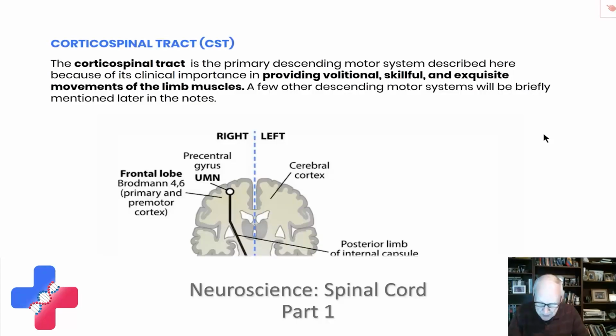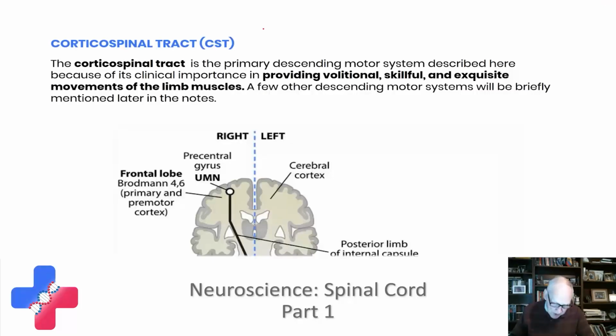So bipolar neurons are very few and only restricted to certain special sensory pathways. So we have not mentioned those, and other than a few casual mentions when we talk about the brainstem, we'll not talk too much in detail about them. Okay?